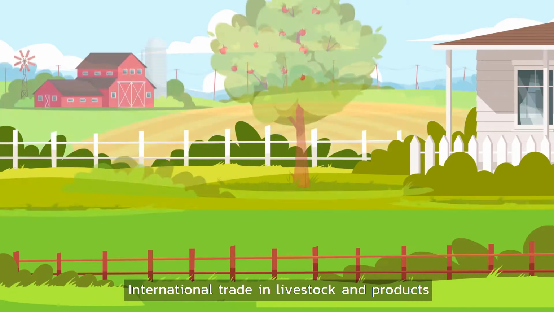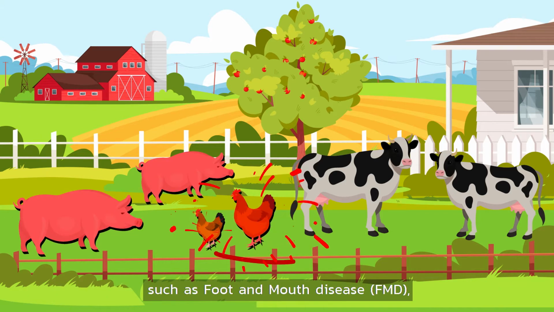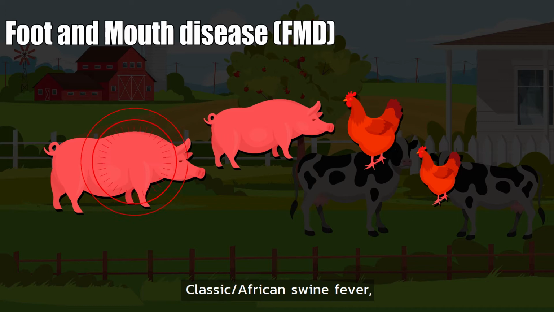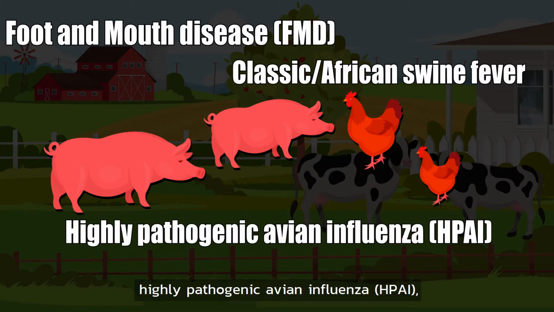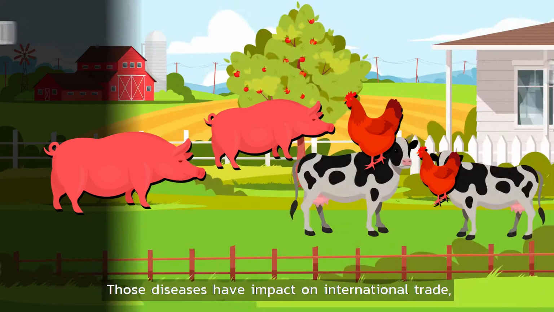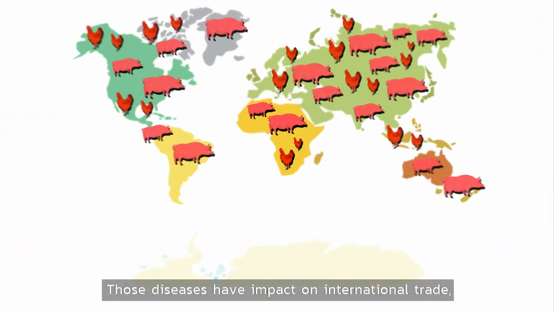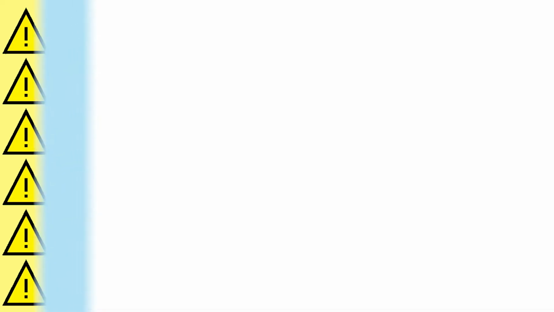International trade in livestock and products is greatly constrained by transboundary animal diseases, TADs, such as foot and mouth disease, FMD, classic African swine fever, highly pathogenic avian influenza, HPAI, Newcastle disease, and other foodborne diseases. Those diseases have an impact on the international trade, economy, or food security of a member country.